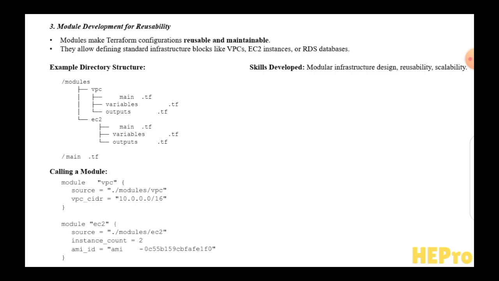In main.tf, you call these modules with parameters like VPC CIDR or instance count. By doing this, you gain skills in modular infrastructure design, scalability, and reusability, making your Terraform code cleaner, easier to maintain, and consistent across multiple environments. Moving on in the discussion.